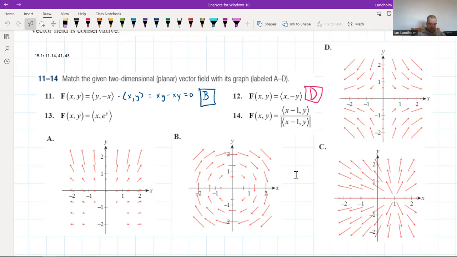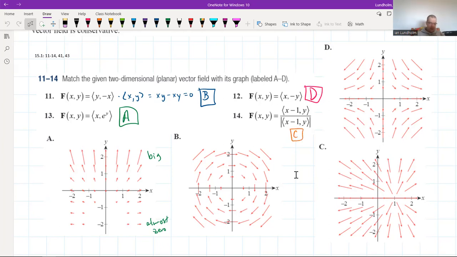So A fits that description. It's got the X values going in the same direction as X values, and it's got Y values getting very big up here, almost 0 down here. So boom. And then, by process of elimination, we've got this one for C.